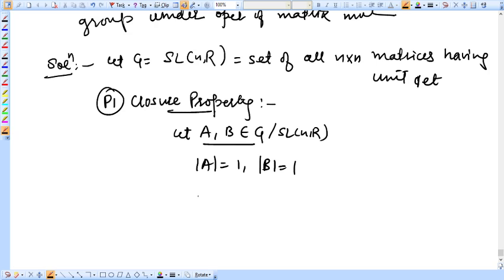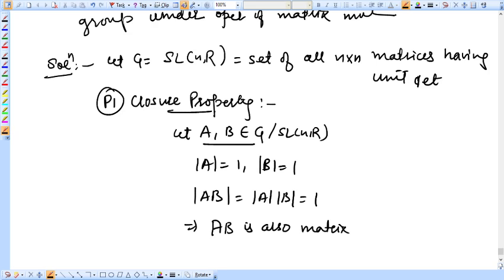You see what could be the determinant of AB. It is equal to determinant of A times determinant of B, which is equal to 1 into 1, equal to 1. So this implies AB is also a matrix of unit determinant. This implies AB belongs to SLNR, or you can write G, because G we have taken equal to SLNR.